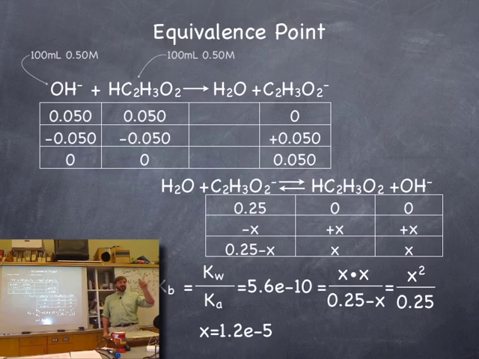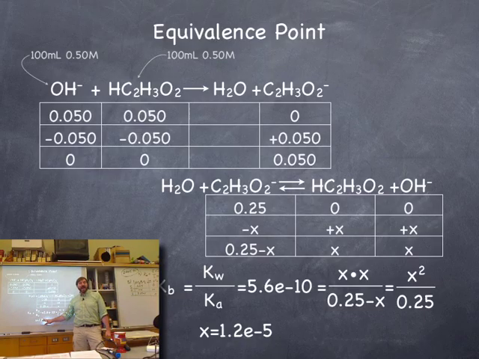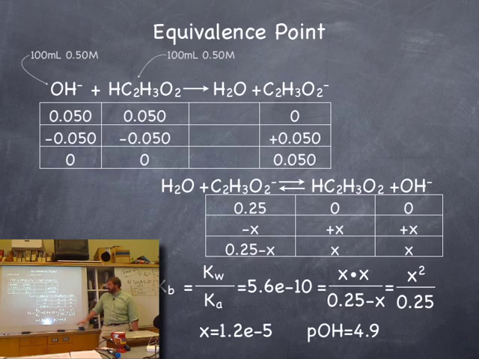The concentration of hydroxide. Once you get x, you're done with the math for a little bit. You have to really remember your chemistry now. Because this isn't hydrogen ions. You can't just take the negative log of this and get the pH. Take the negative log of this and you get the pOH. Okay? So the pOH is 4.9. What would the pH be? Yeah, 9.1.